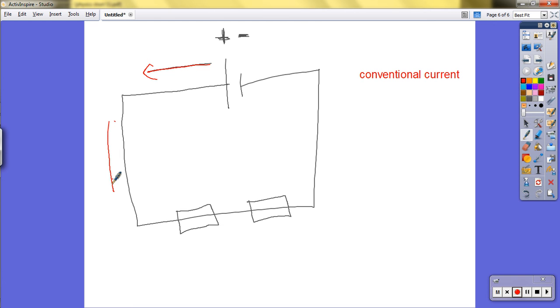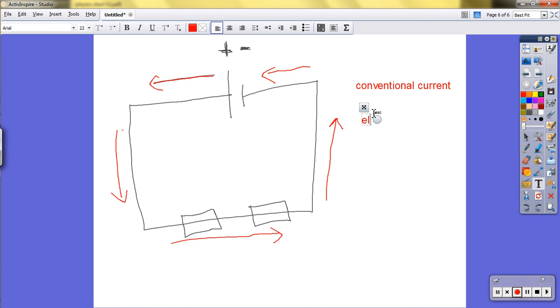That was what we knew current to be. When in reality, the electrons were actually going a different direction. Electrons. The electrons went in a different direction.